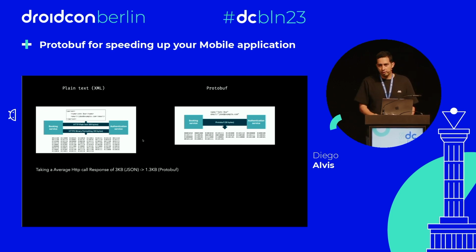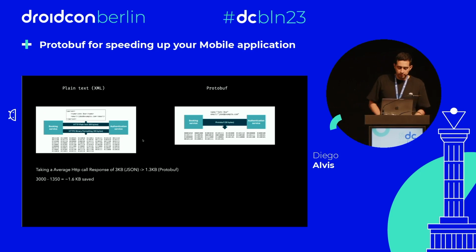All right, now let's make a numerical example here, right? So I was working on an application, and I took an average HTTP call that we make very often, and it was around 3 kilobytes of information, right? And that payload was in JSON format, so I made the exercise to translate it to Protobuf format, and it turned out being 1.3 kilobytes of information in Protobuf.